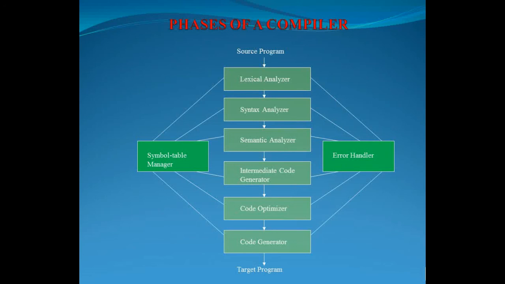In each and every phase, the error handler will check the errors. If there are any errors, the error handler displays the error messages. So in each phase, errors will be detected.